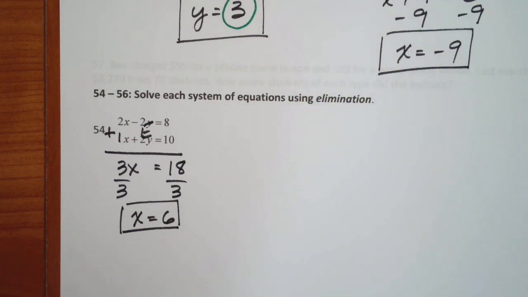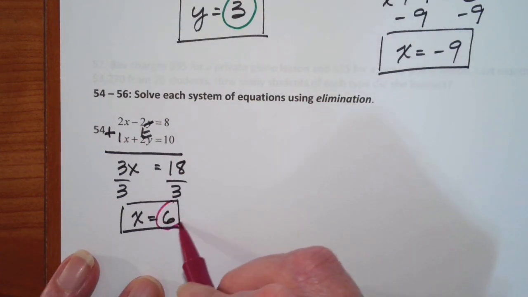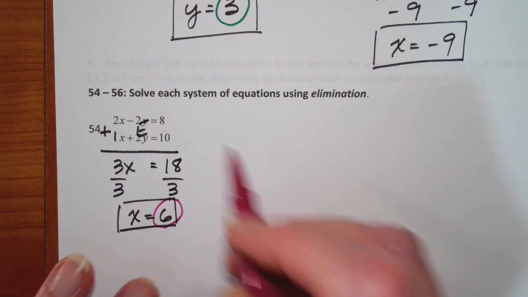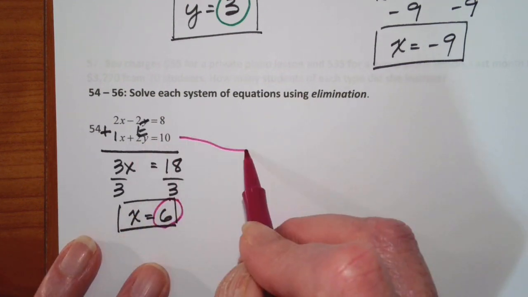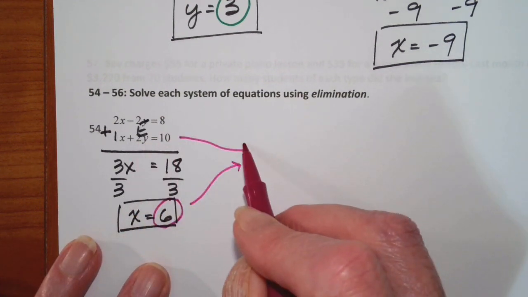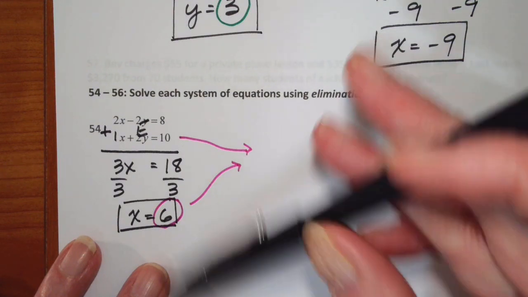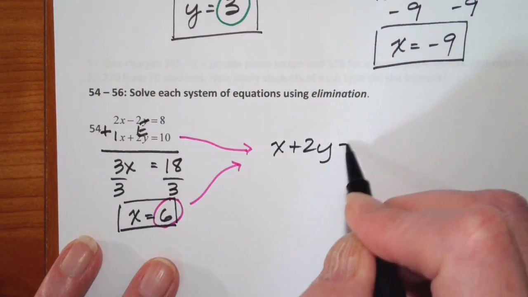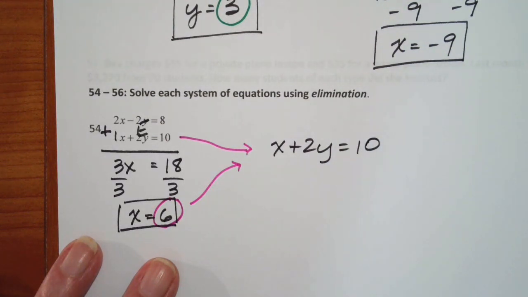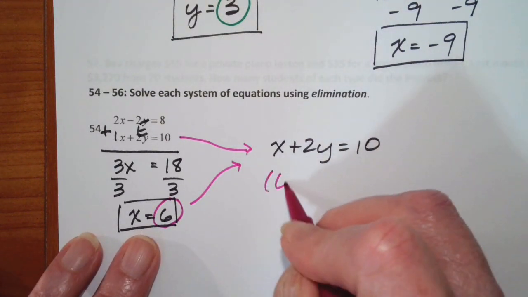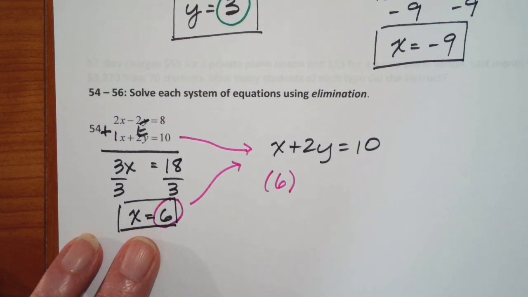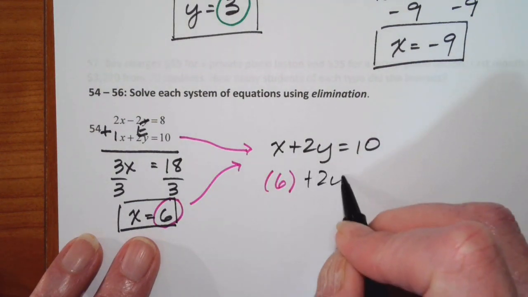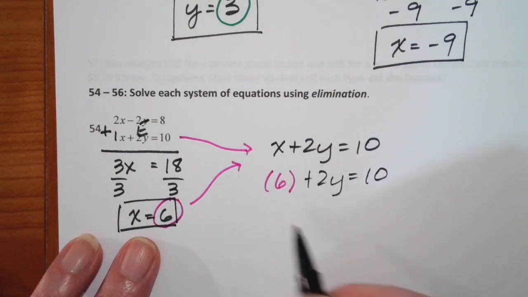Now from here, I'm going to use this value in one of the equations. I'll choose this one. So if I have x plus 2y is 10, instead of x, I can put 6 plus 2y is equal to 10.